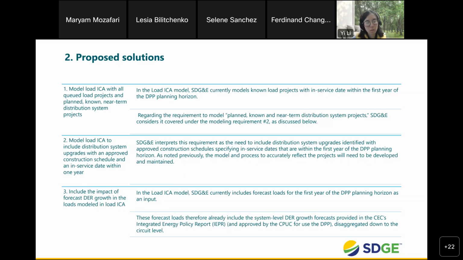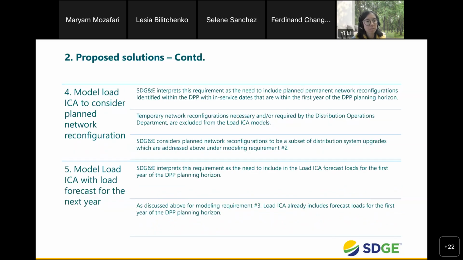SDG&E is consistent with what Ryan was describing for SCE. We also use the system-level DER forecast provided by IEPR and then disaggregate it down to the circuit level. That's also consistent with how we model the growth in our GNA. Next slide, please.